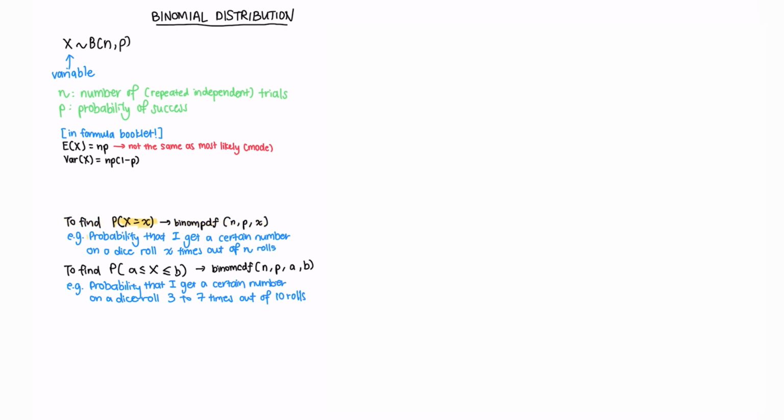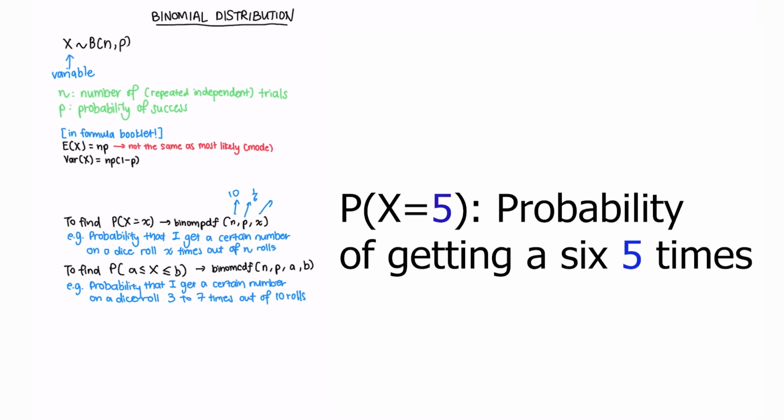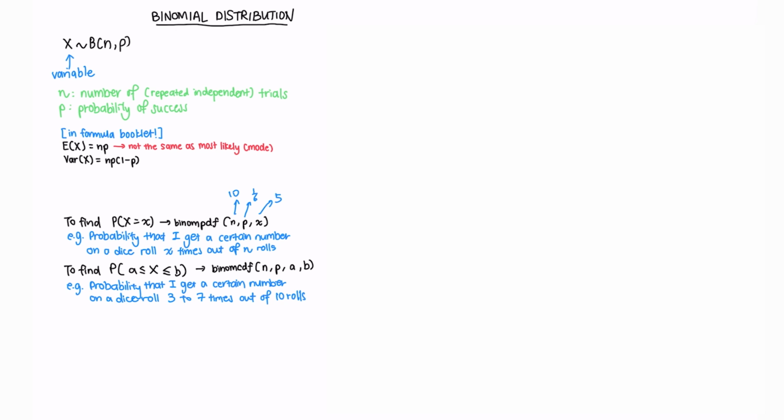This can mean something like the probability that I get, let's say, a 6, 5 times out of 10 rolls. So over here, your probability is 1/6. n is your number of trials, so you're rolling 10 times. And you want to find the probability of me rolling this 6 5 times. So that's why you key into the calculator.